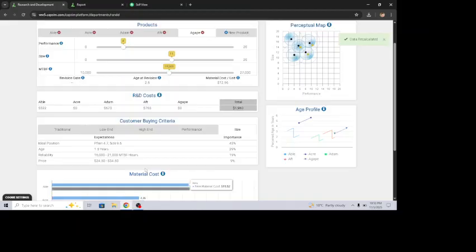So in that case, we settled for a performance of 4.7 and a size of 9.9, and then we gave it an MTBF of 20,000. Not really the maximum, the maximum is 21,000, but we're going to give it 20,000.